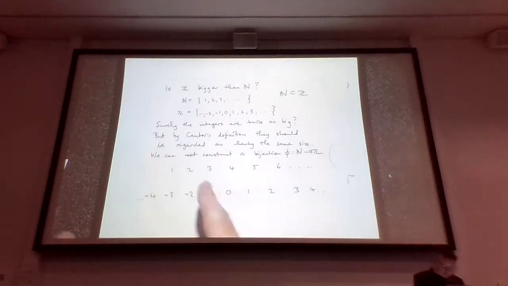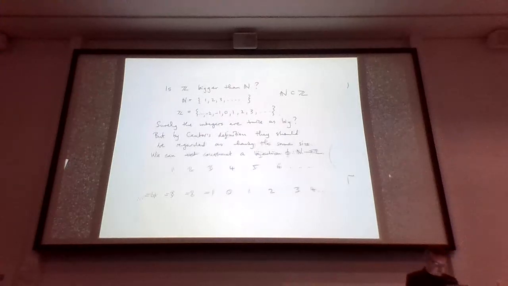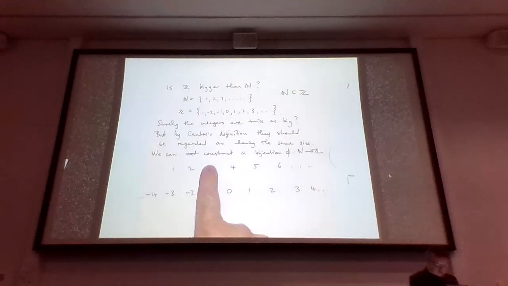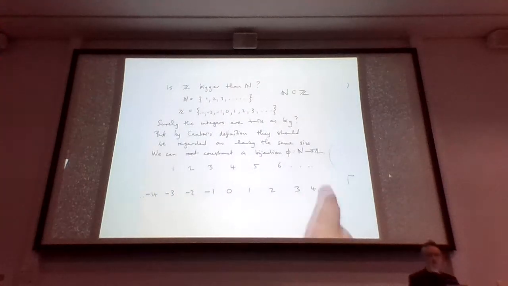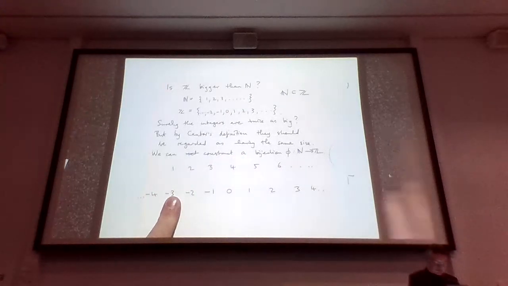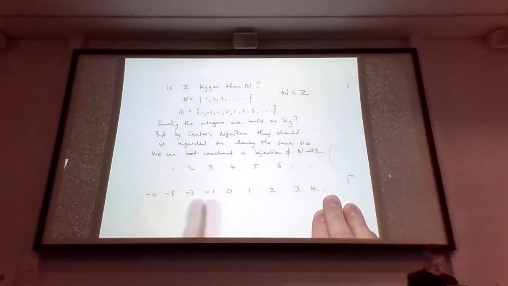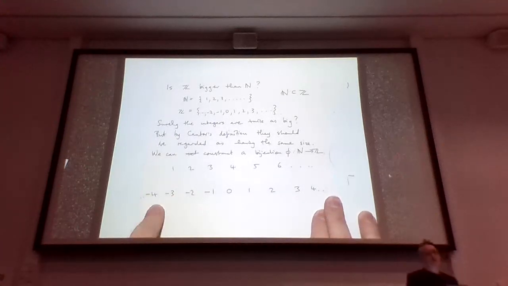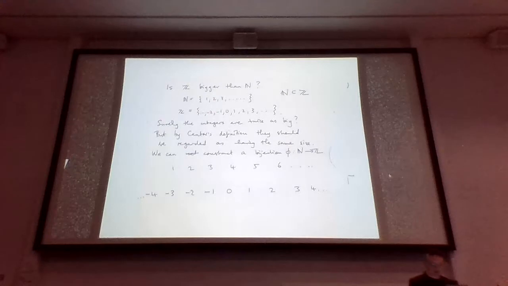One way of trying to define a mapping between them is to send 1 to 1, 2 to 2, 3 to 3, 4 to 4, 5 to 5. That looks like a sensible mapping. Map each natural number to its version in the integers, but then you're going to exhaust all the natural numbers mapping them to the positive integers, and you won't have mapped anything to the negative integers. So that won't be a surjective map.